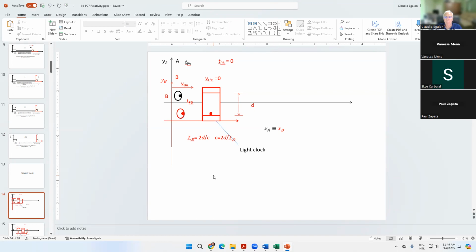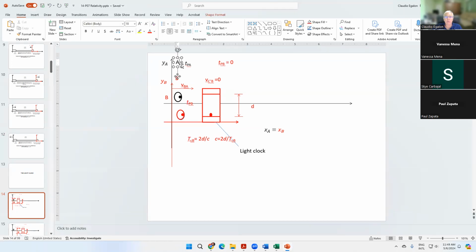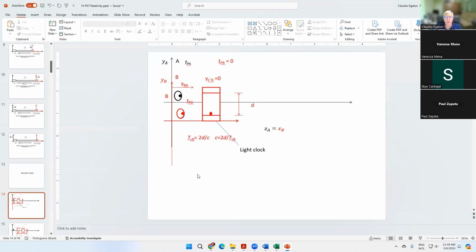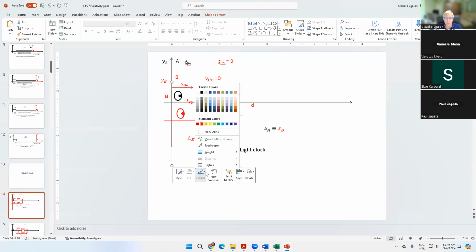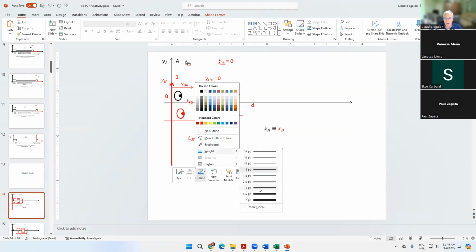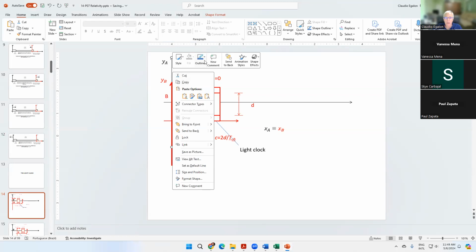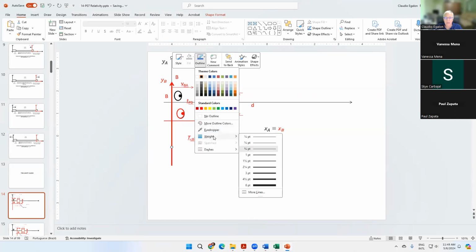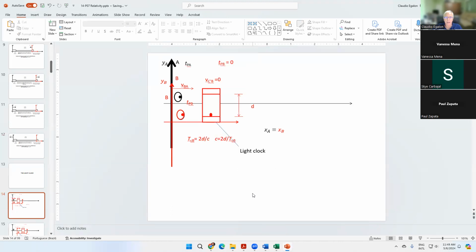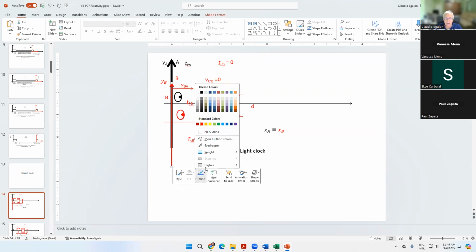And now we have two different referentials: referential A, the black one, and referential B, the red one. I'm going to make it a little bit thicker so you can see it more readily. Okay, make it a little bit thinner.